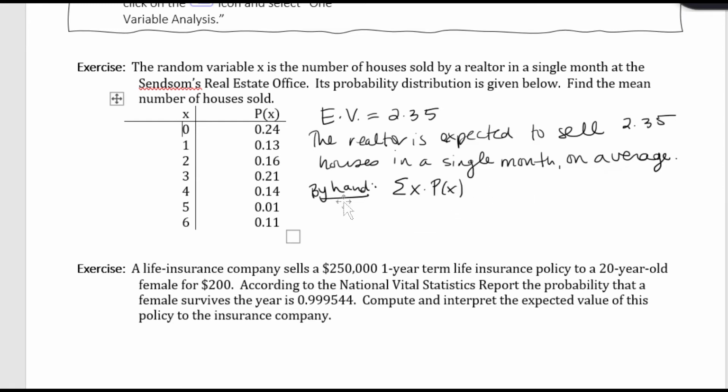So we're going to have 0 times 0.24, plus 1 times 0.13, plus 2 times 0.16, plus 3 times 0.21, plus 4 times 0.14, plus 5 times 0.01, plus 6 times 0.11.